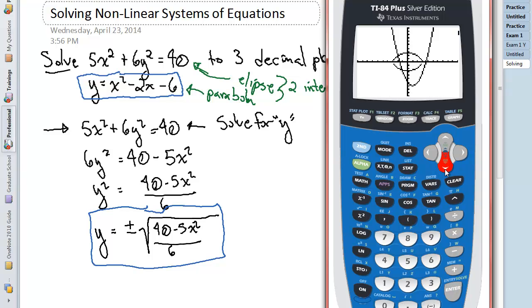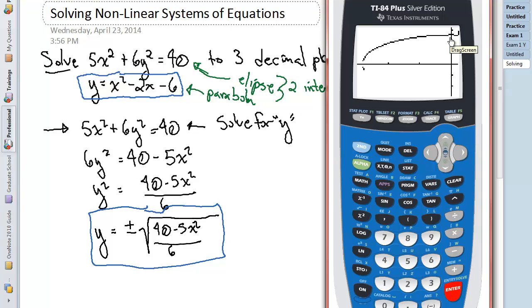Then I'm going to scroll down and create a box whereby I make sure that I get those two points in there, and I'm looking right at that point and that point. So now I hit enter. So here again is the top part of my ellipse, here's the bottom part, here comes my parabola down and through. And what I want to do is calculate that intersection right now.